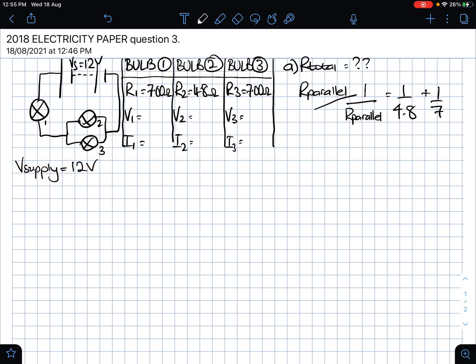Okay, and so we work that out. 1 over 4.8 plus 1 over 7 is 0.35. 1 over R parallel is 0.3511, and then we need to turn that up the other way.